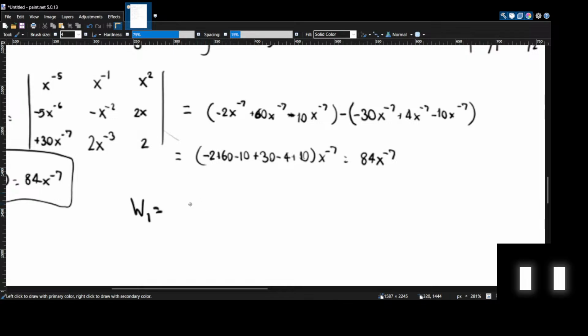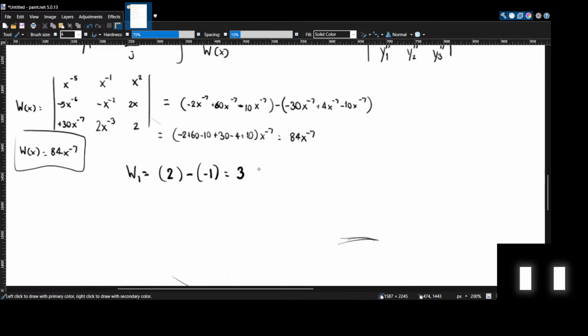In this case, it's going to be equal to 2. And then the up diagonal, the only one that matters is the one with this guy in it. Again, w1 here means we replace this with 0, 0, 1. So the up diagonal is going to be 1 times negative x, so this is going to be negative 1. So w1 here is going to be equal to 3.